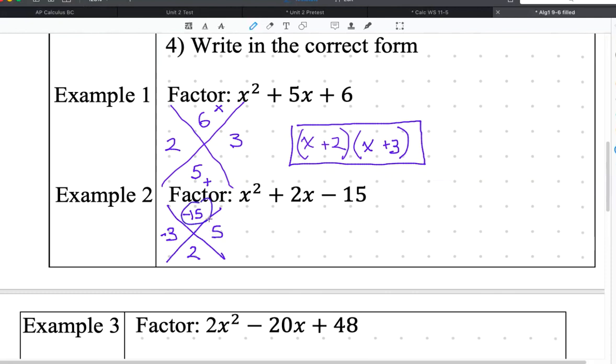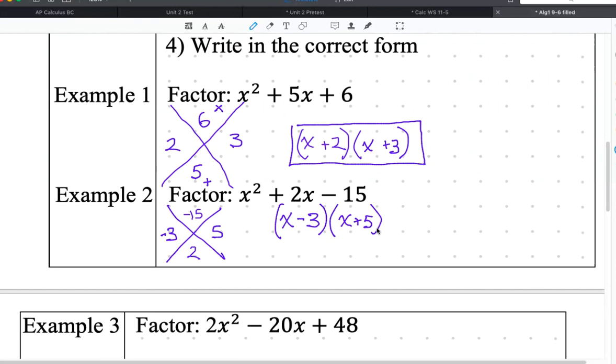And negative 3 plus 5 is 2. There it is, yeah. And can you write out our final answer, White? Yes. In parentheses, x minus 3. And then in another parentheses times x plus 5. Done. There it is.